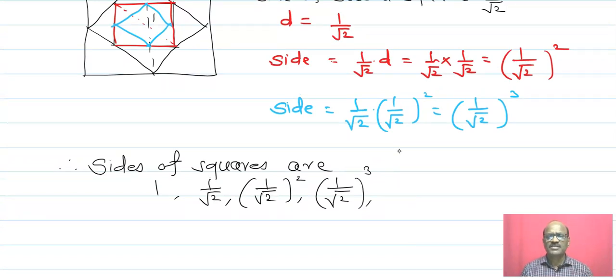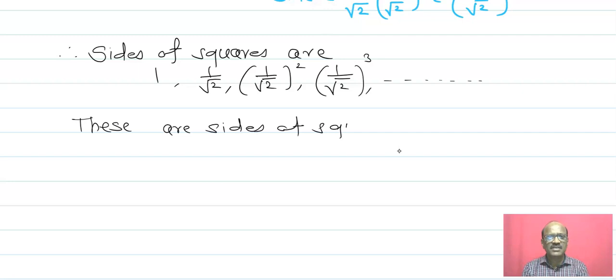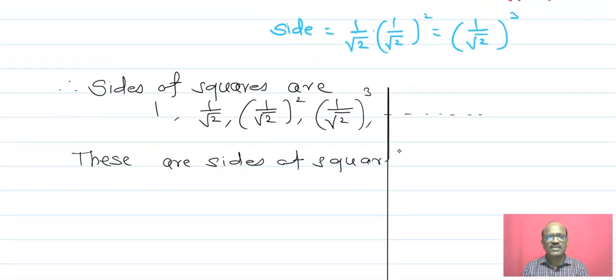Now see this. 1 upon root 2, 1 upon root 2 bracket square, 1 upon root 2 bracket raised to 3. These are the sides of squares. We want to find out their area and the perimeter.